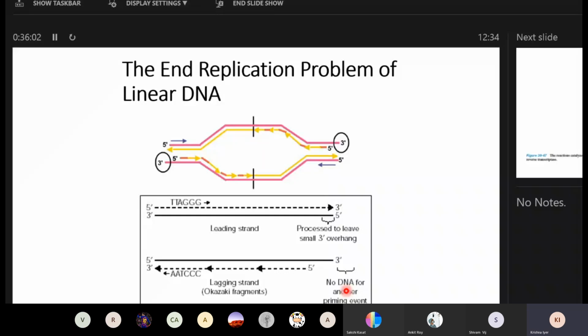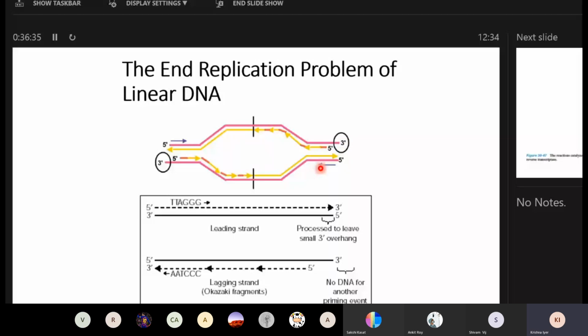But what has happened over time, as part of evolution, is that the bulk of the message which is present in DNA resides here. So even when DNA gets replicated, it becomes shorter by maybe about 20 to 25 bases, which is probably the length of the primer.